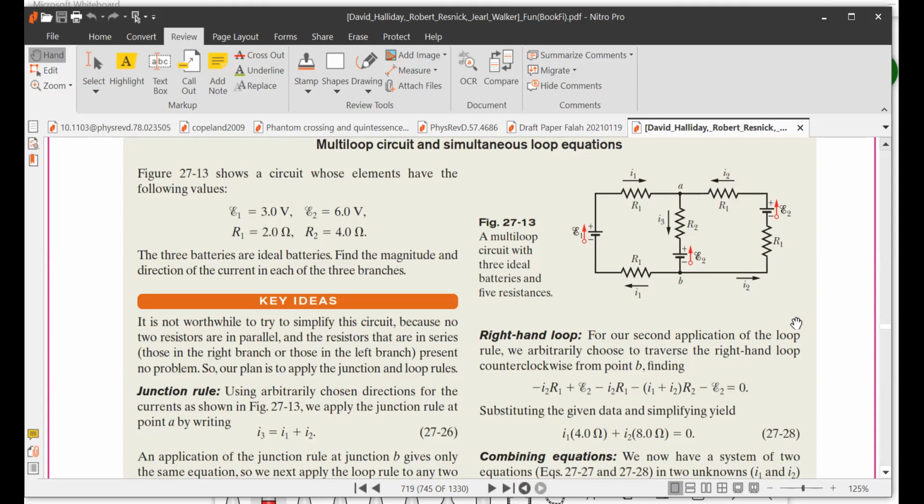So the question is, find the magnitude and the direction of the current in each of these three branches.